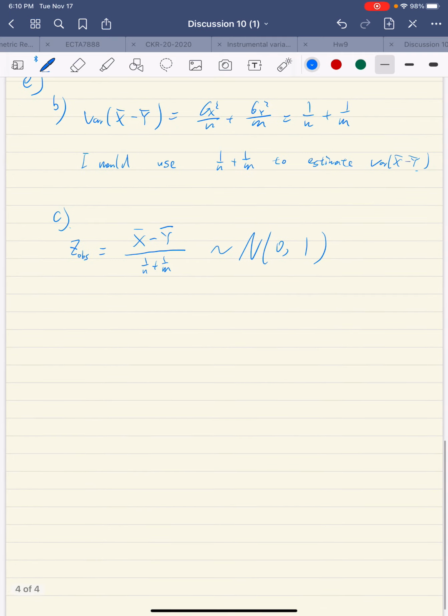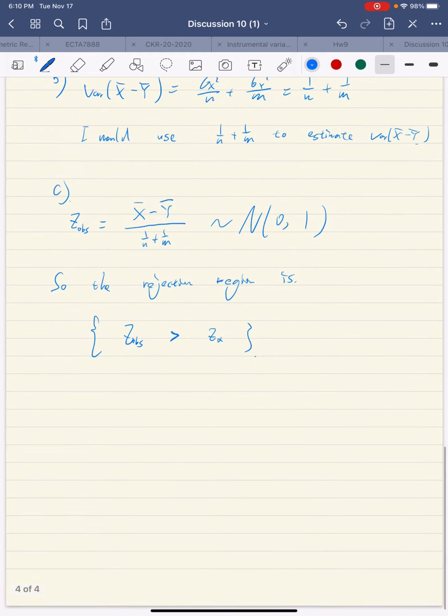So the rejection region will be the observed value greater than z alpha. It's the same: we reject where the value is large, and we find the cut point at the 1 minus alpha quantile. This is z alpha.